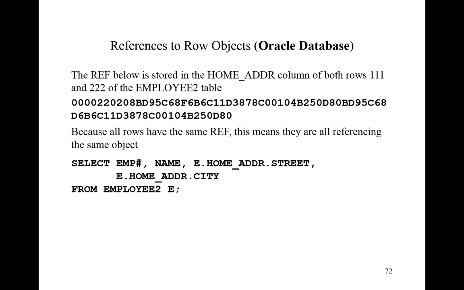We can select from the employee2 table. We can retrieve emp number and name from this table as we would from any relational table. However, because home address is a reference to an object, we're going to use a correlation variable to grab hold of the home address column, hence of the ref, and then construct a path expression and drill into the address object and get the street attribute and get the city attribute.